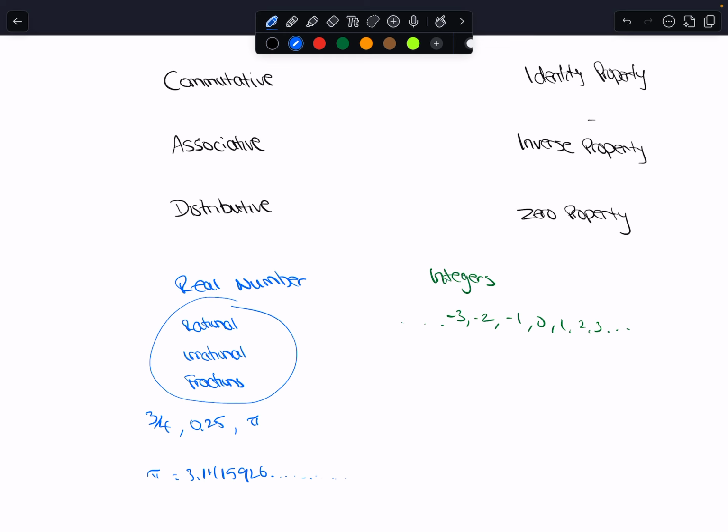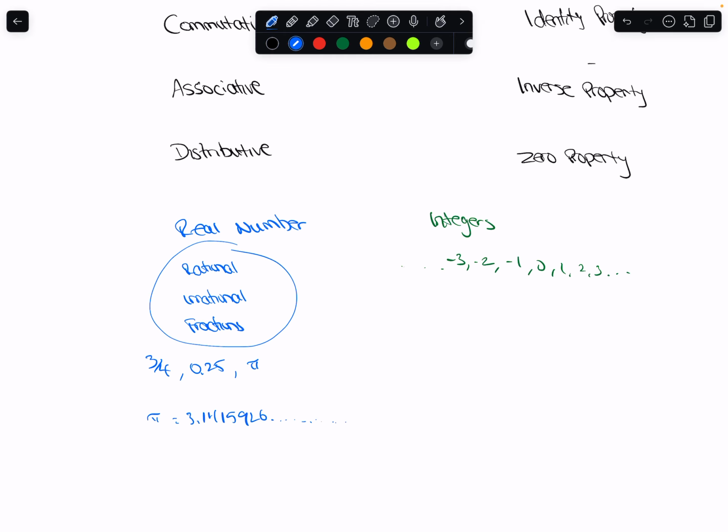There are also numbers that do repeat. So you can have 0.333333333, and this is also considered a real number. So just keep in mind the difference between real numbers and integers. I did talk a lot about integers in the beginning, but we're diving a little bit deeper, so learn the difference between both.